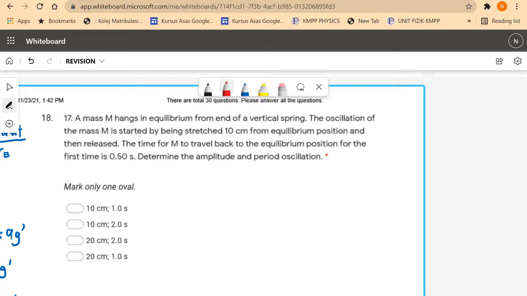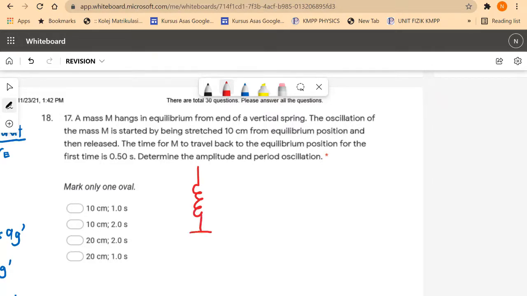So it is like this. This is the spring and this is mass M. The oscillation of the mass M is started by being stretched 10 cm from equilibrium position.